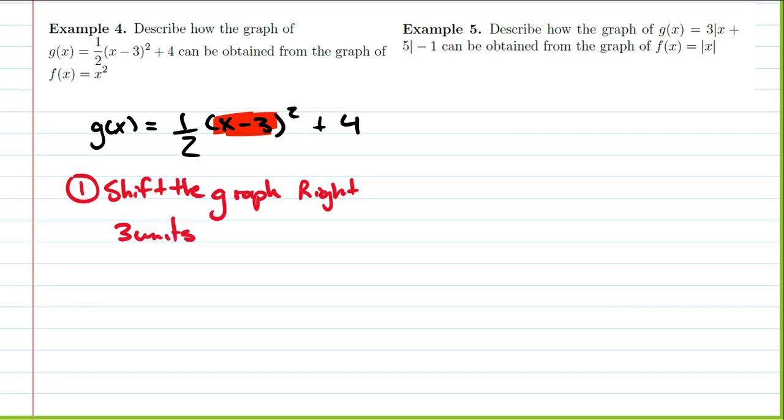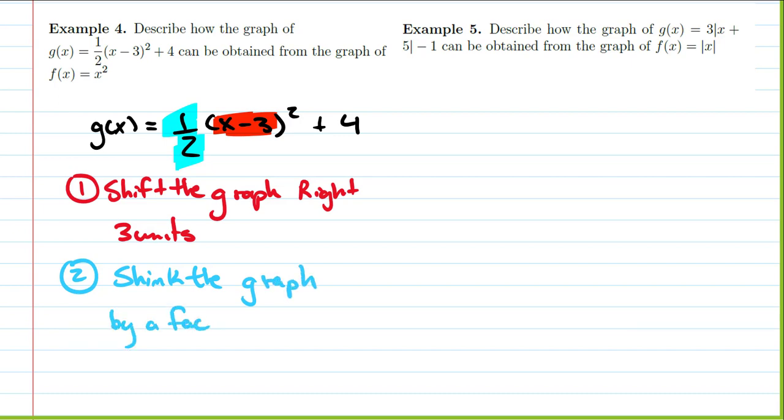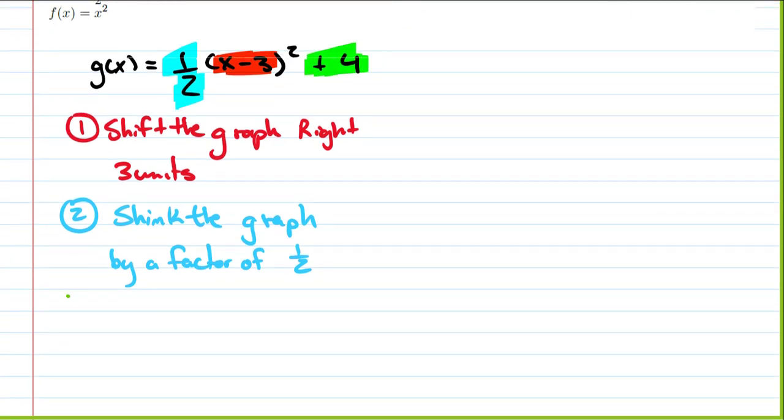We then have our 1/2, and it's going to shrink the graph by a factor of 1/2. And then the last thing that's going to happen is the plus 4, and that's going to shift the graph up 4 units.